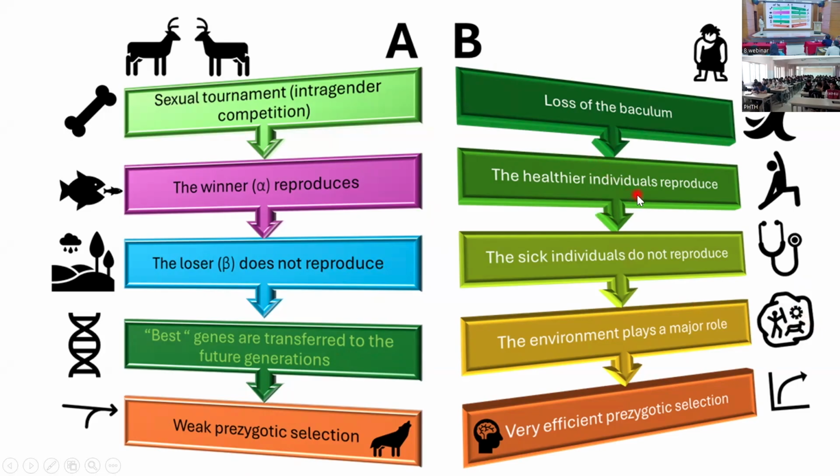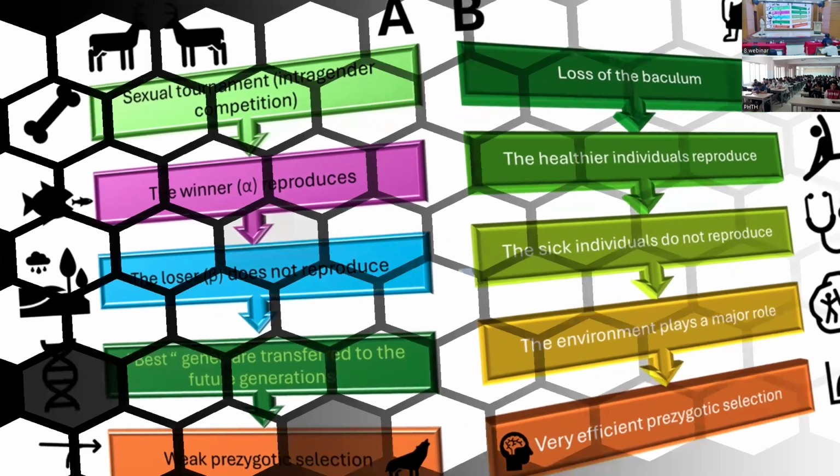Only the healthy individual is able to have an erection to reproduce. The sick individual is not reproducing because he is not having the erection. The environment plays a major role, because in a hostile environment, you will not have an erection. And this is a very efficient pre-zygotic selection.